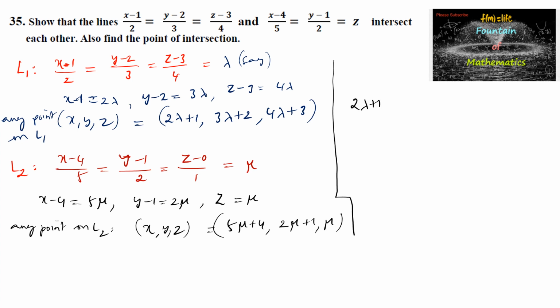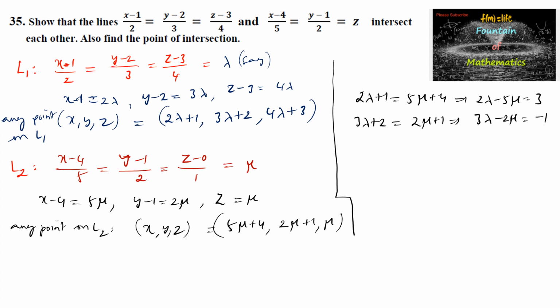2 lambda plus 1, x coordinate, is equal to 5 mu plus 4, which implies 2 lambda minus 5 mu is equal to 3, and the next y coordinate 3 lambda plus 2 is equal to 2 mu plus 1, which implies 3 lambda minus 2 mu is equal to 1 minus 2, minus 1.